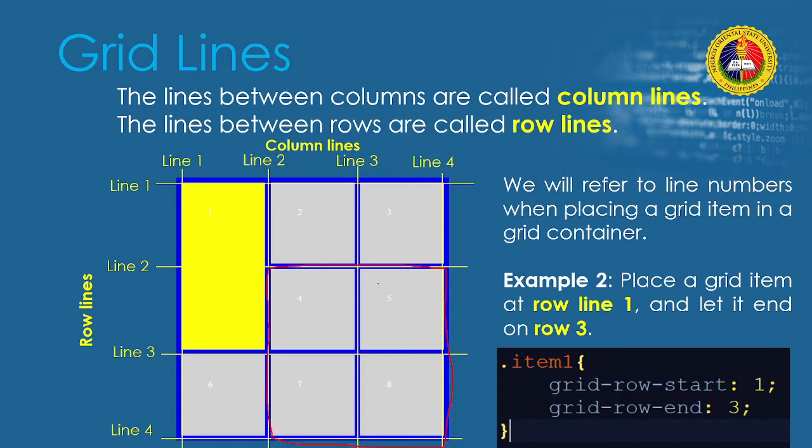Anyone would like to volunteer? How are we going to do it? So this time, by the way, to give you an idea, we can now combine the grid row start, grid row end, and the grid column start, grid column end, okay? So for example, if this is how it's gonna look like, kaning 4, how are we going to do it? Anyone?